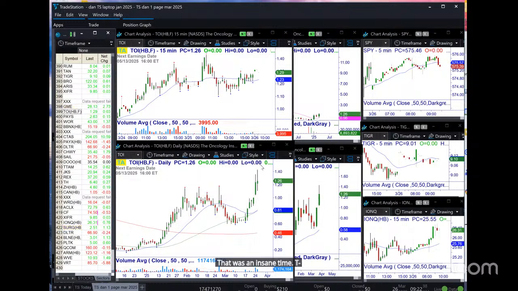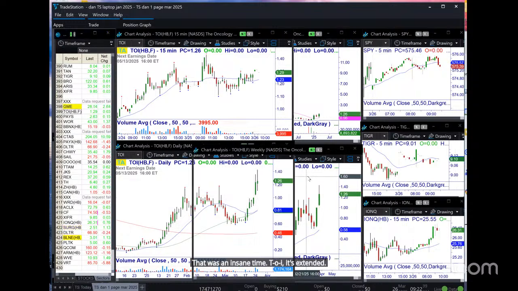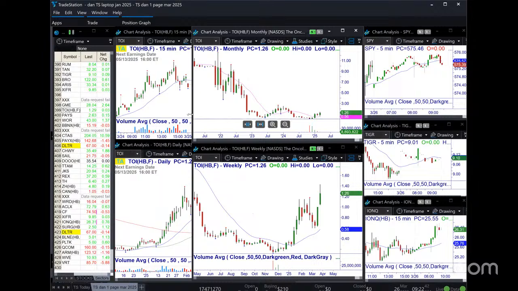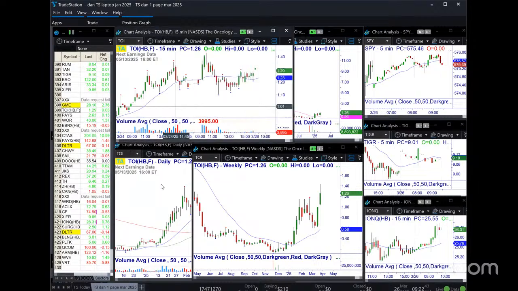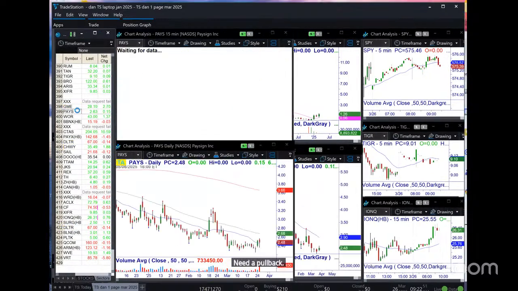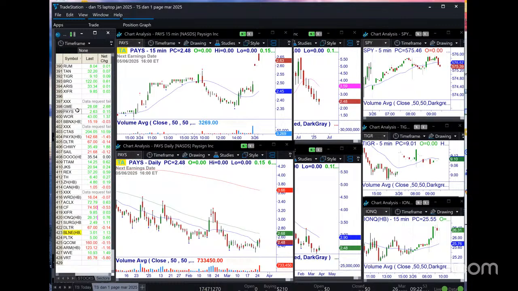TOI, it's extended. Yeah, need a pullback. Pays, they're a beaten down stock, right? There you go, beaten down stock. What do I do with it?